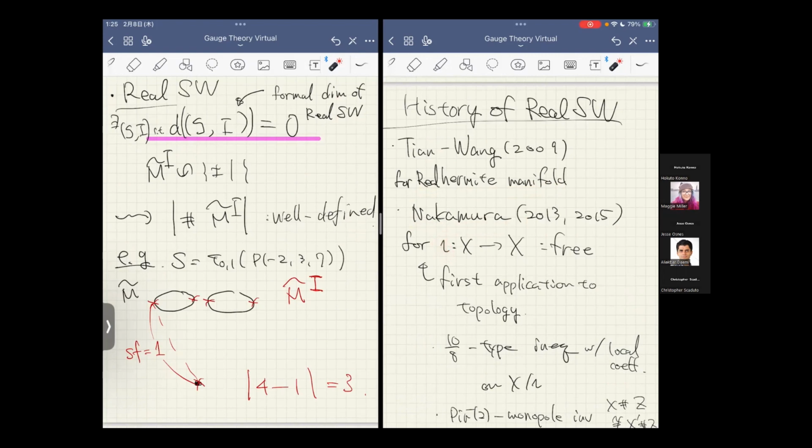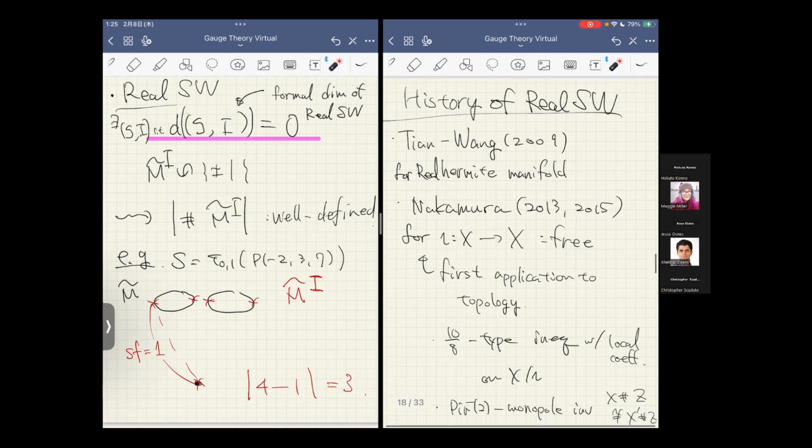This is the first application of real Seiberg-Witten theory to topology. Nakamura proved a 10/8-type inequality with local coefficients on the quotient four-manifold, and he constructed a real version of the Seiberg-Witten invariant.